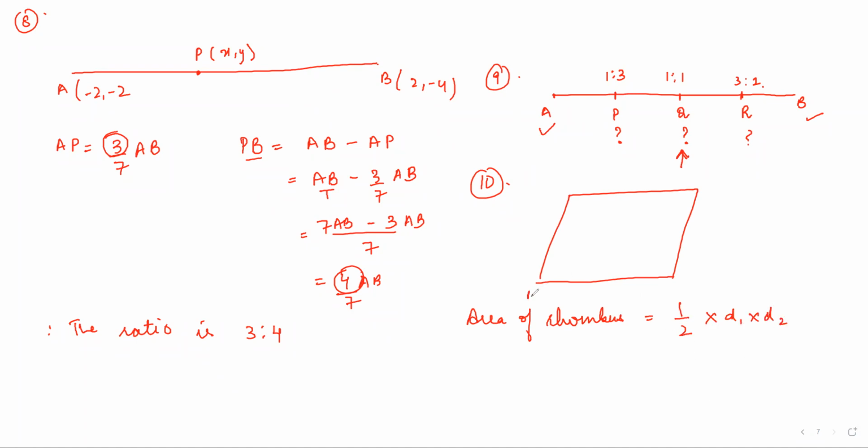So all these coordinates are given, A, B, C, D. You have to find the length of the diagonals and then multiply half into D1 into D2. This you can do using the distance formula, right? Find AC and find the length of BD, put it in the formula, you will get the area. Got it? Okay.